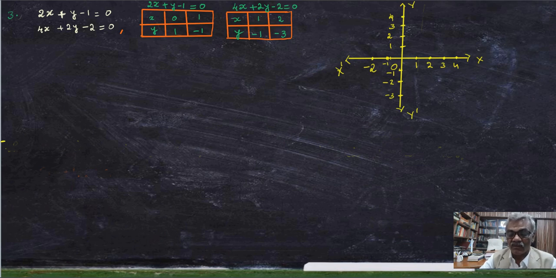Second equation, 4x plus 2y minus 2 is equal to 0: x is equal to 1, y equal to minus 1; x equal to 2, y is equal to minus 3. On this one, we can depict the points as well as draw the straight line.